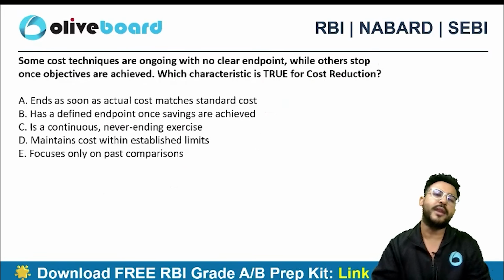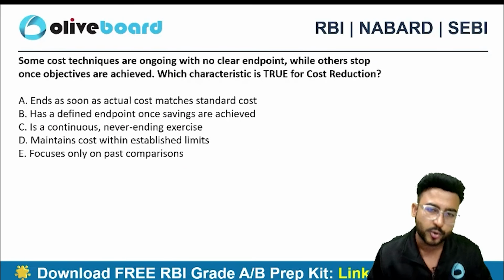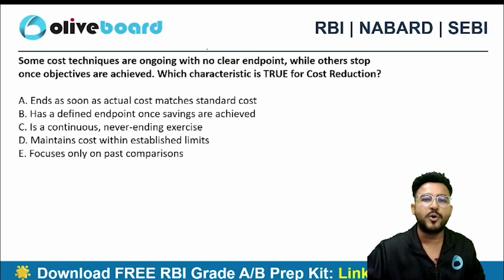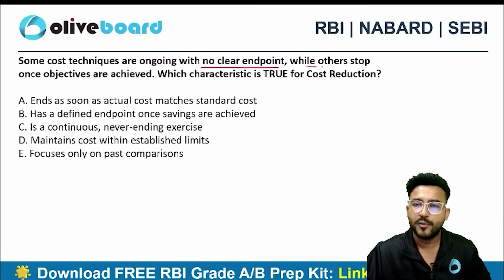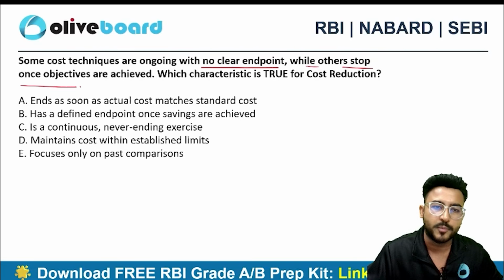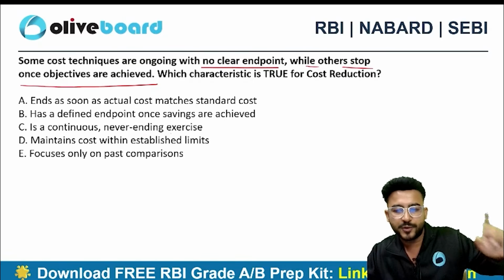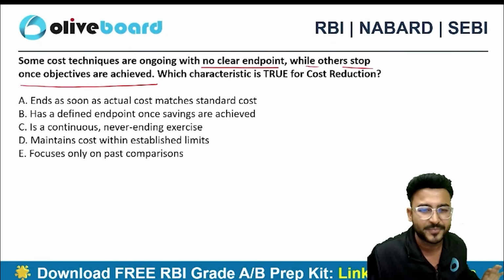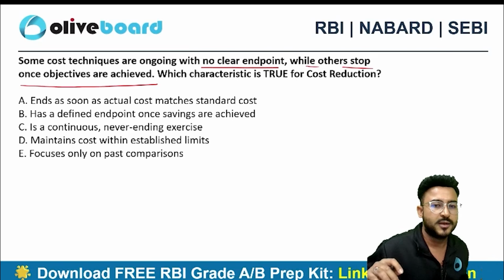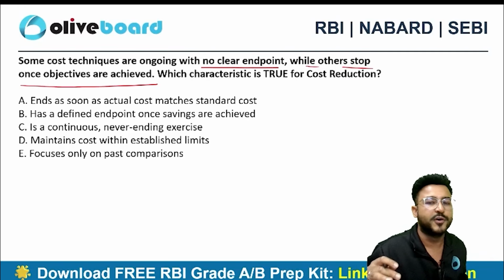Perfect. Next one. Some cost techniques are ongoing with no clear endpoint. We don't have any endpoint of this. This is a big hint. While others stop once the objectives are achieved. Now, if you did the very first question of cost control, you will be able to solve this one as well. Which characteristic is true for cost reduction?